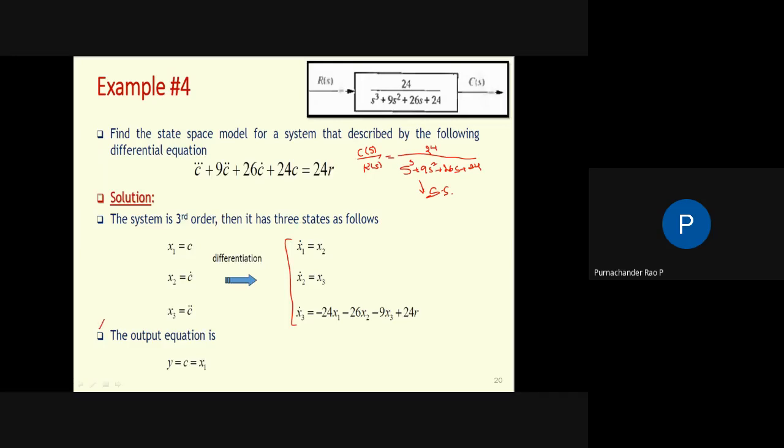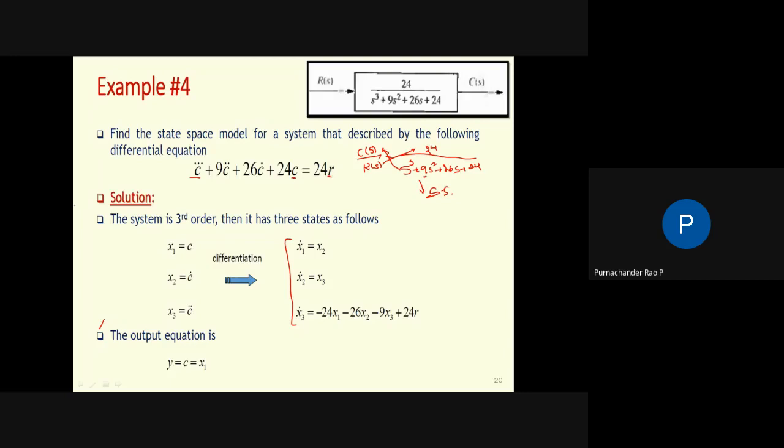For this, you just cross multiply. Cross multiplying gives s cube into C(s), and s cube means differentiation three times. So your equation becomes C triple dash plus 9 times C double dash plus 26 into C dash plus 24 into C, equal to 24 times R. C is the output and R is your input.